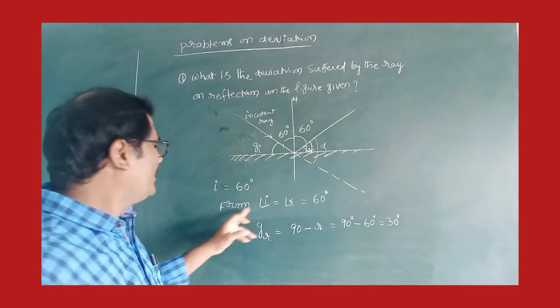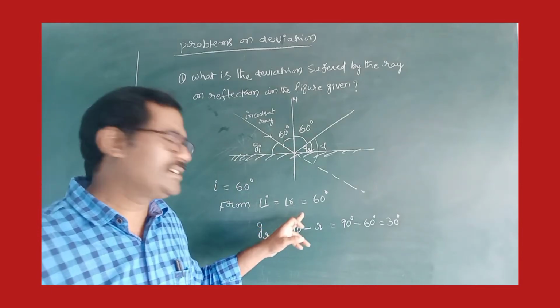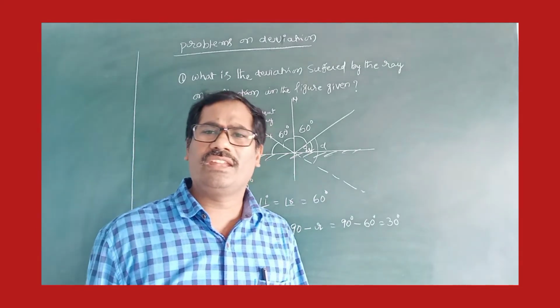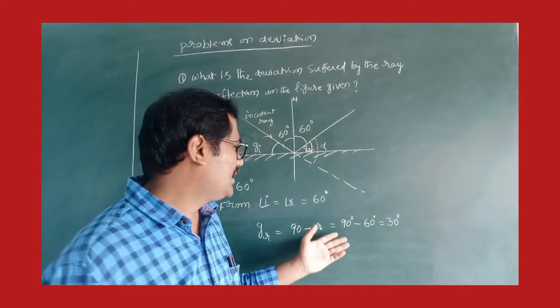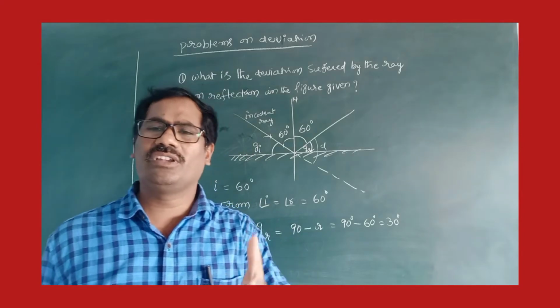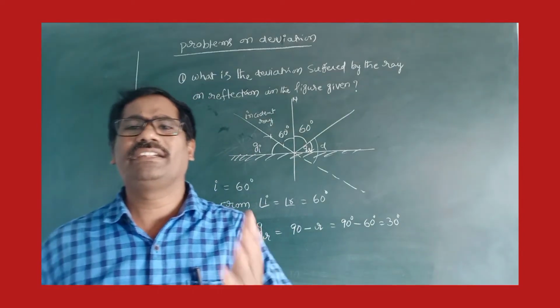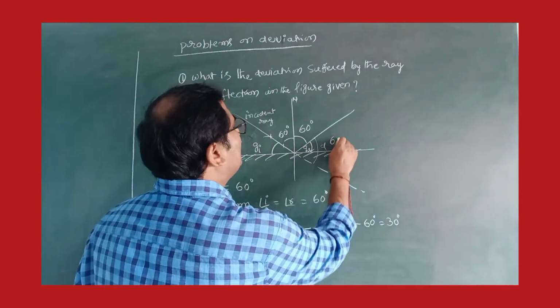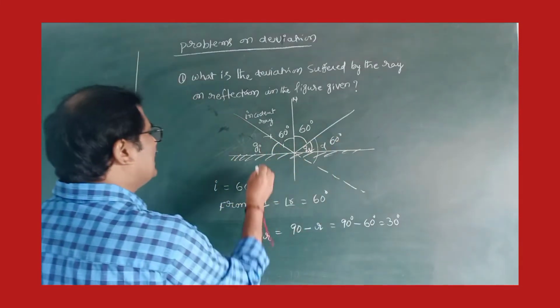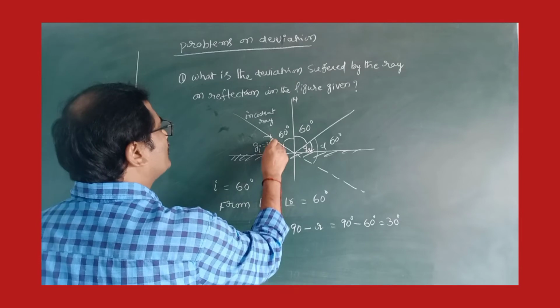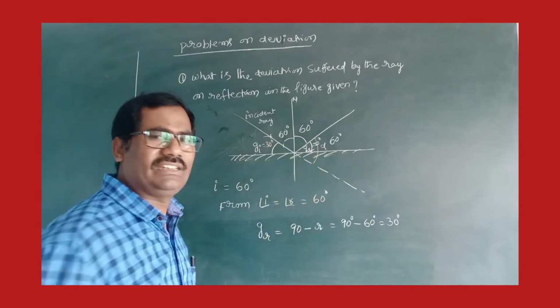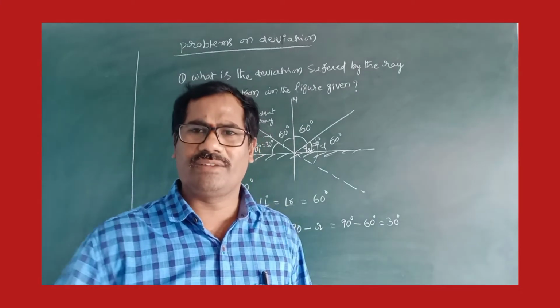Since the angle of incidence is equal to the angle of reflection, it is 60 degrees. So 180 minus 2 into 60 is 180 minus 120, which is 60 degrees, the deviation angle. The glancing angle of incidence is 30 degrees, and the glancing angle of reflection is also 30 degrees. That is the first problem.